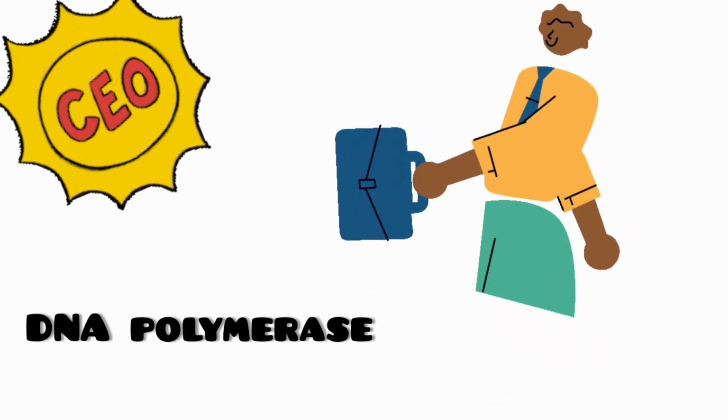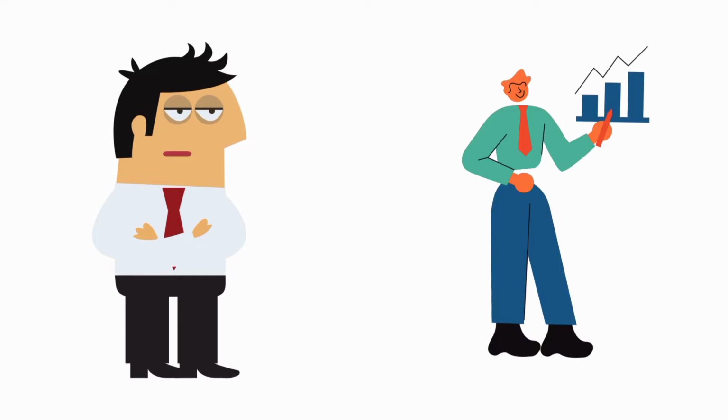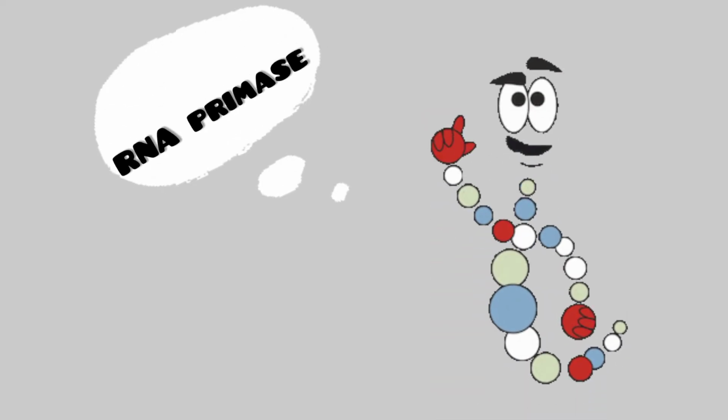The CEO of the company is named DNA Polymerase, and he has a tough personality. He has a one-way mind, and he always needs to be guided and informed about all the meetings. And it's the third character's job, RNA primase.